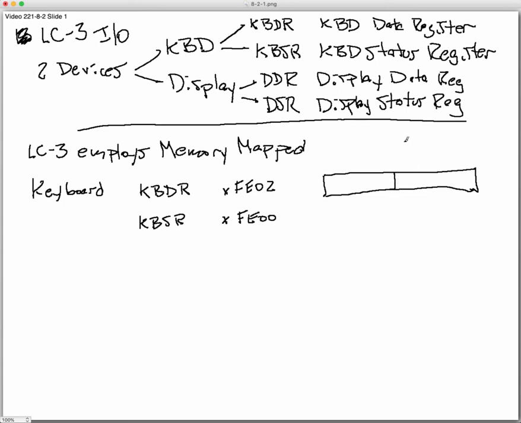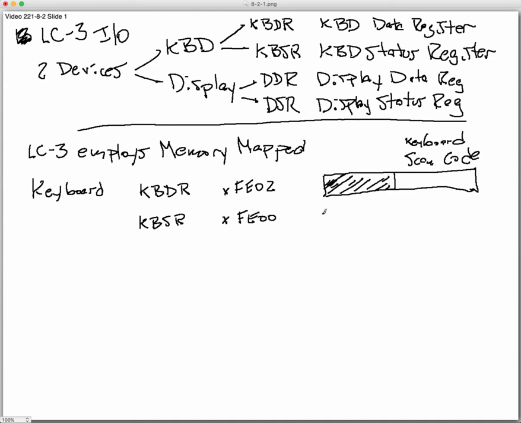Sometimes this is called the keyboard scan code. Each key has a different scan code associated with it, and very frequently the scan code is the same as the ASCII code for it. So that means we're not using the left 8 most bits.